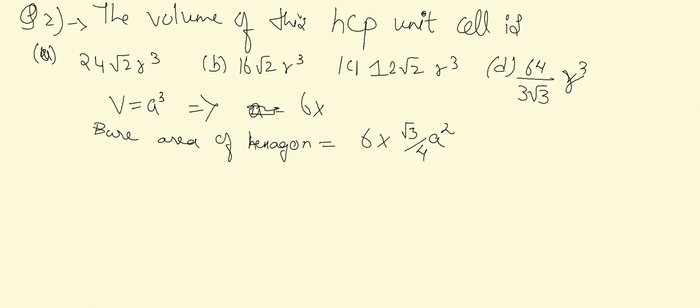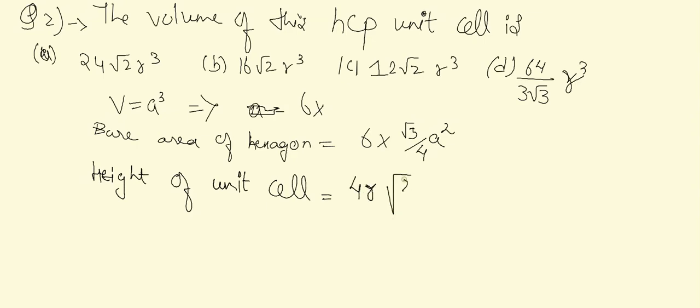Then for the volume, we require the height of the unit cell also. The height of the unit cell will be equal to 4 into r under root 2 by 3.